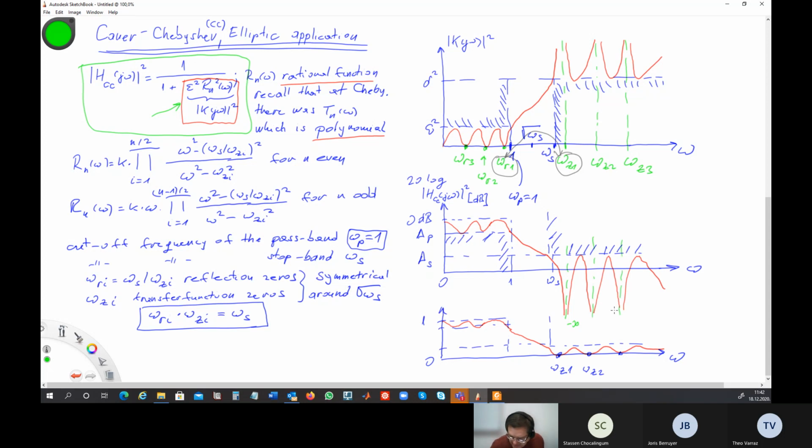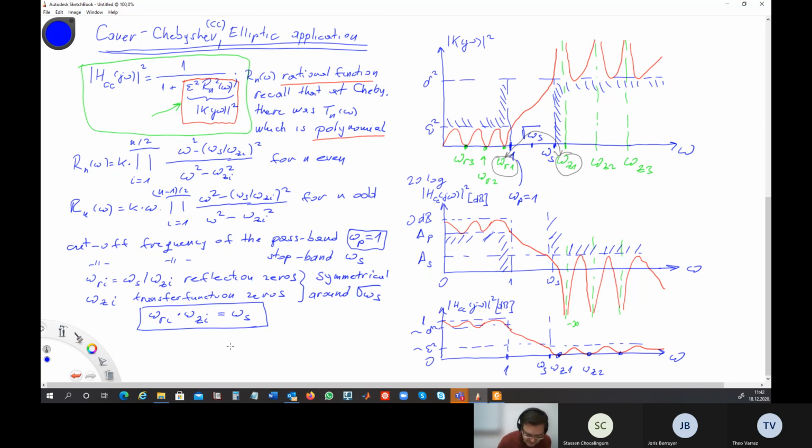And then this guy here is epsilon. This is delta, or something like this. And here is without 20 logarithm. Here is 1, here is omega s.